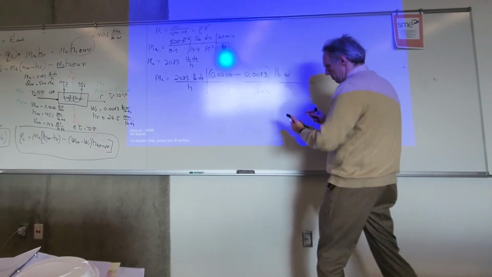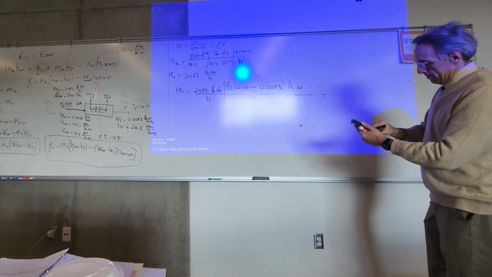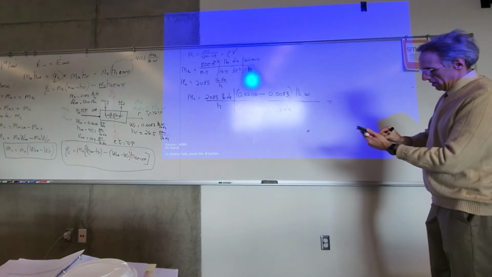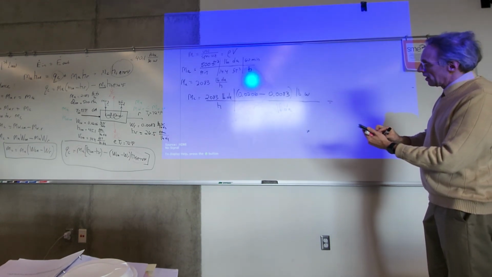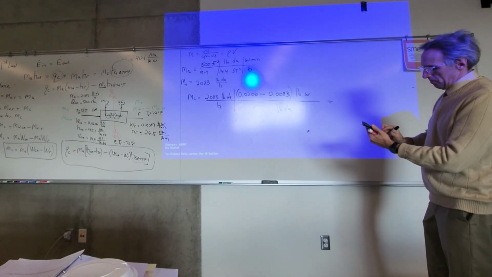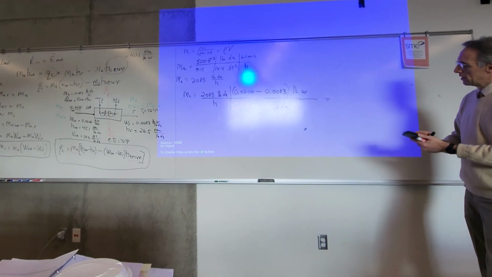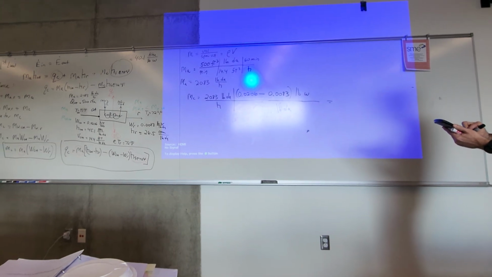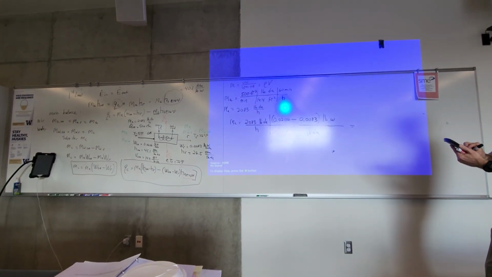So we don't have to do anything more. That can't be right. I think thousands of pounds of water. Don't you have to multiply the W by HF?